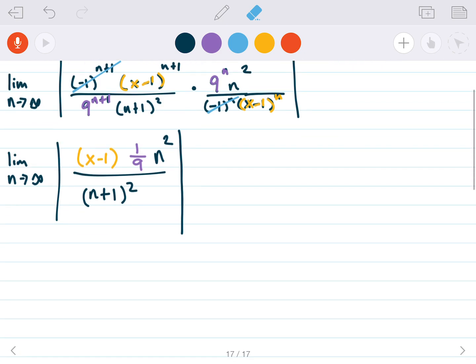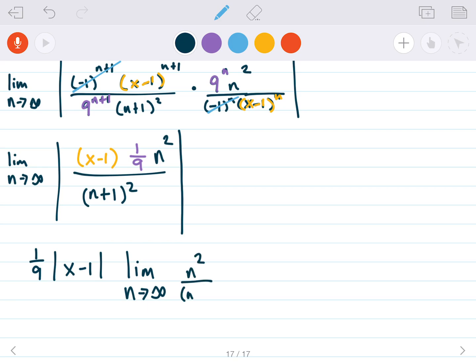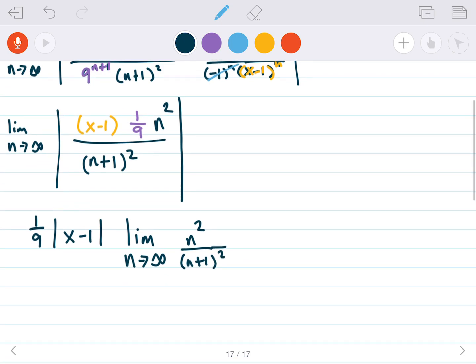Now I'm going to take out the 1/9 and keep x minus 1 in the absolute value bars. So I have 1/9 absolute value of x minus 1, times the limit as n goes to infinity of n squared over n plus 1 squared. Cool. So what is this going to be?